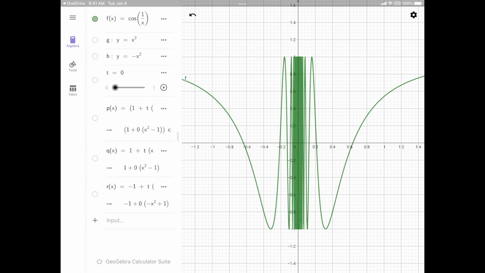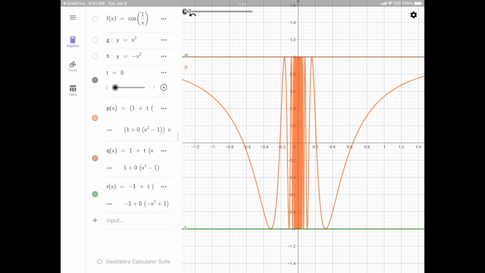And because this green function is implemented statically, I'll replace it by another one that's not static, which I believe is this one. This one is supposed to change with t. So t is a slider that I use to change how the function squeezes. And q and r are the two functions that are going to squeeze. So they're going to become g and h, the two parabolas.